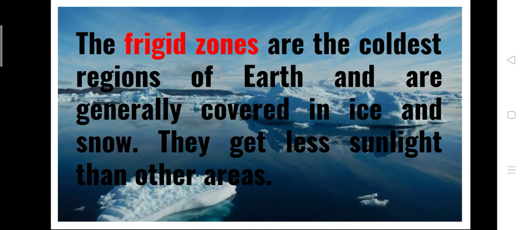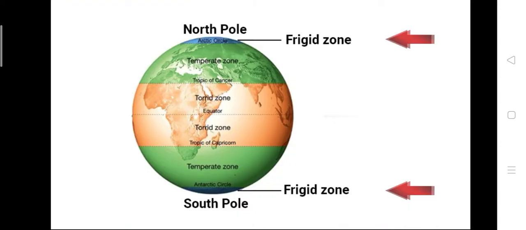These frigid zones are the coldest regions on Earth. They are always covered in ice and snow. This is because they receive less sunlight when compared to other areas. There are two frigid zones, one in each hemisphere.